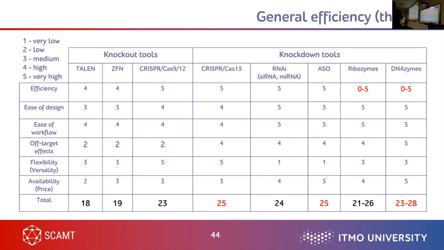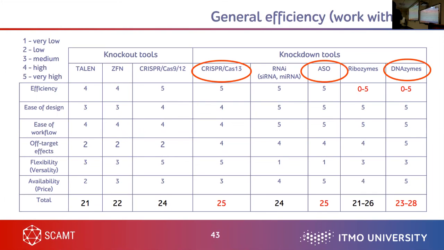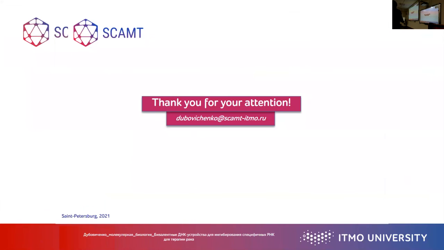In case we work with cells, off-target effects of knockout tools are low or not significant. But if we talk about therapy or delivery inside humans, there will be unpredictable off-target effects that are very difficult to control. So these are the best tools we can use now, and thank you for your attention.